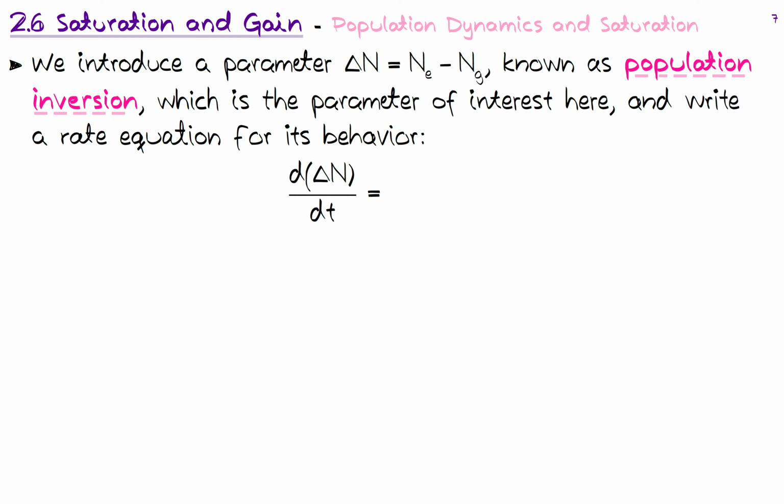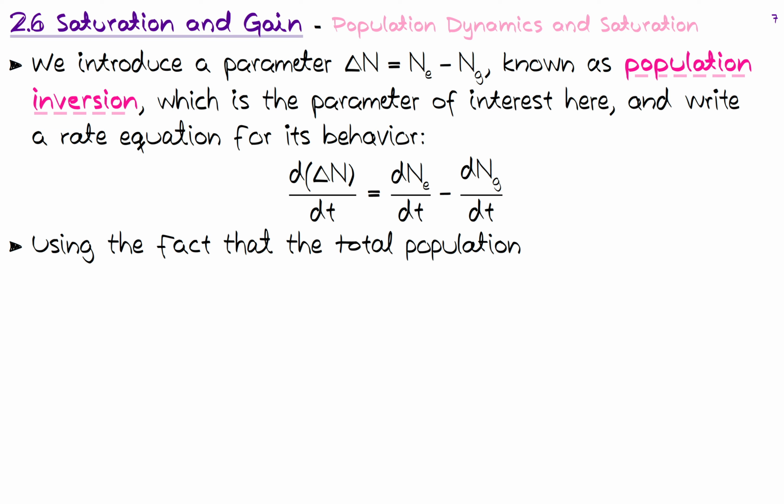So the time derivative of the population inversion, delta N, is basically the difference of time derivatives of the excited state and the ground state populations. And using the fact that the total population is constant, so essentially we are not lifting electrons away from our two-level system, the total population N tot equals the population at the ground state plus the population in the excited state NE.